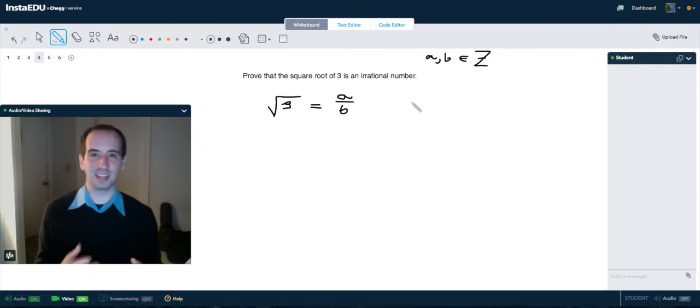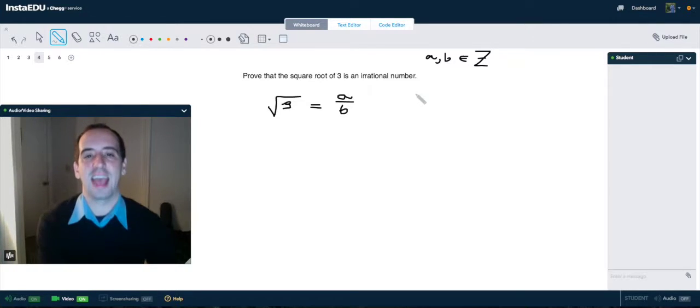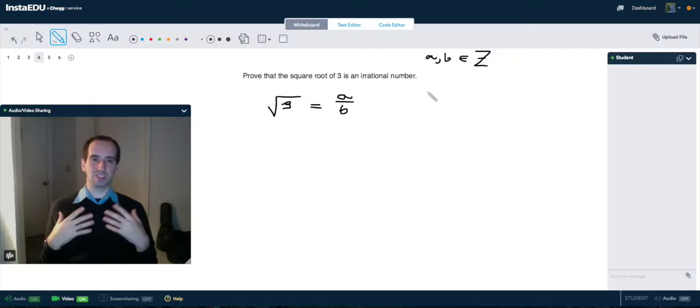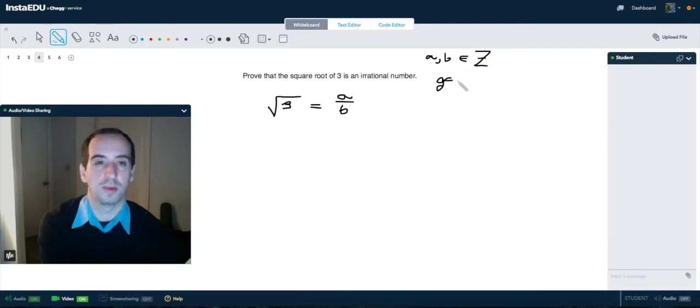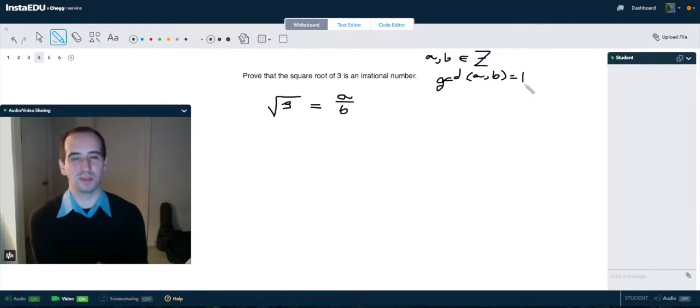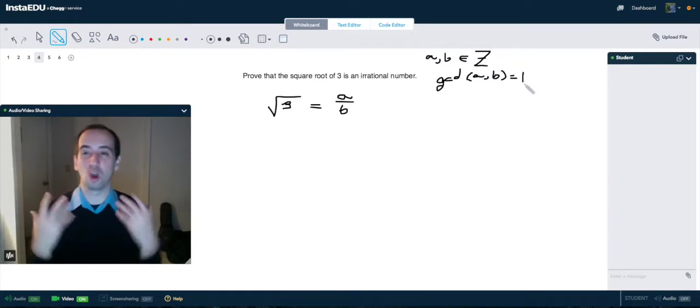And the second thing is that they can't have a GCD, a greatest common divisor, of anything greater than 1. So we write that like this, and I'll explain why in a moment. GCD of a and b equals 1. So if they have this property, the GCD of a and b equals 1, that means they're co-prime.